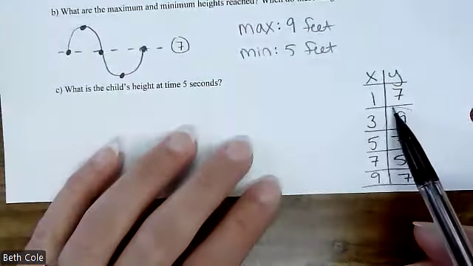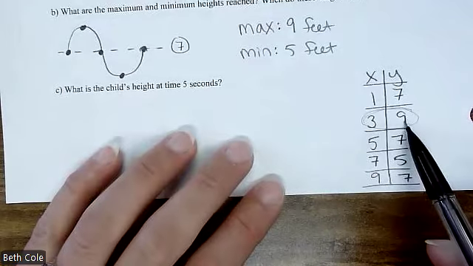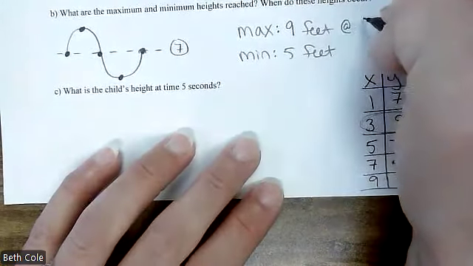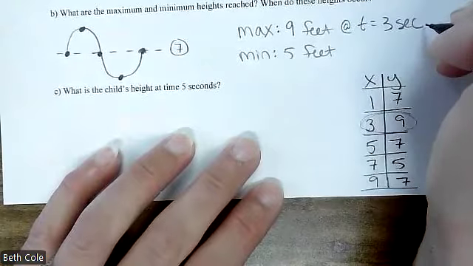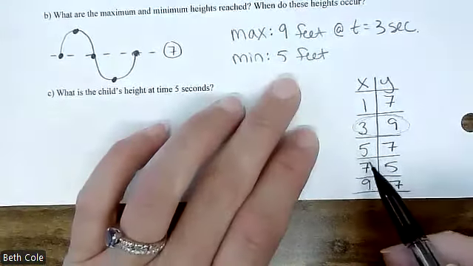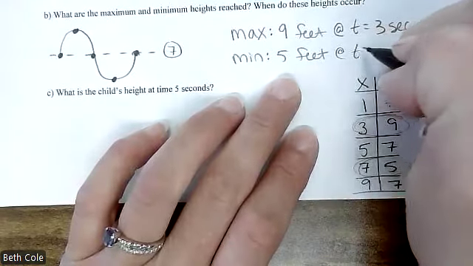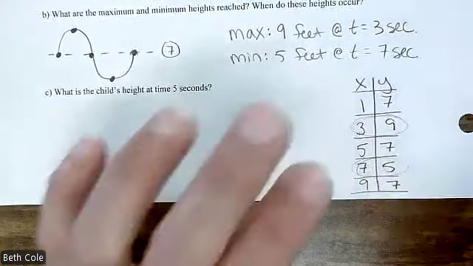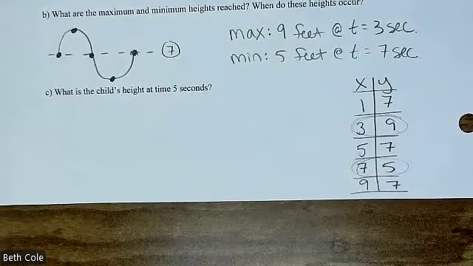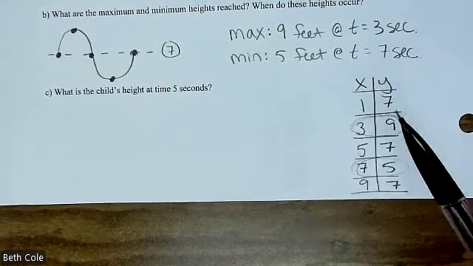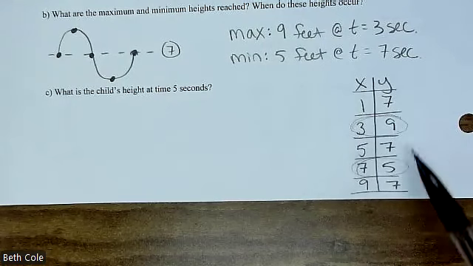So when does your maximum of 9 feet occur? At 3 seconds. And then your minimum of 5 feet is at 7 seconds. As foreshadowing, do you see how the only heights you can get are 5, 7, and 9 for right now?